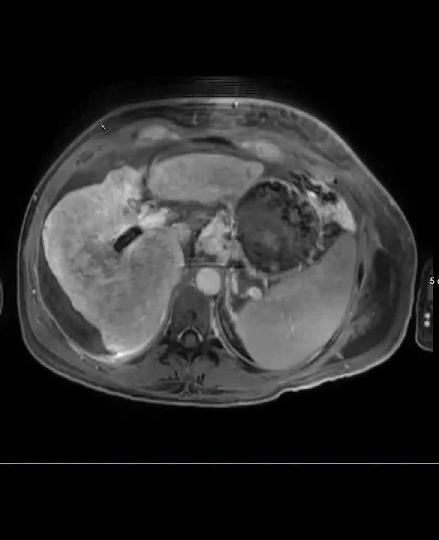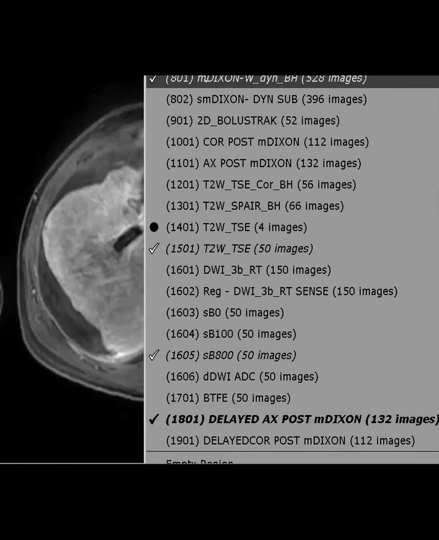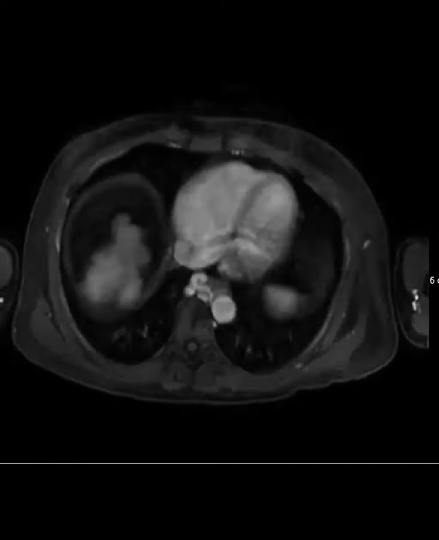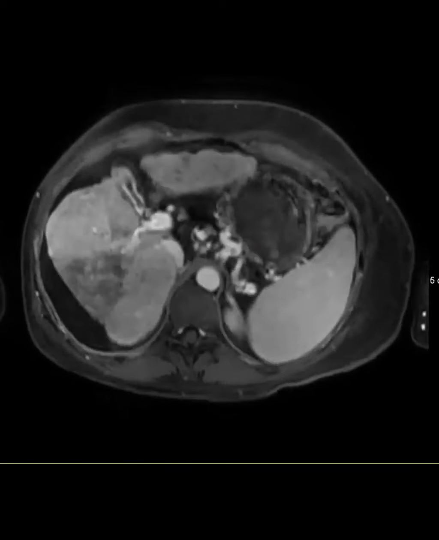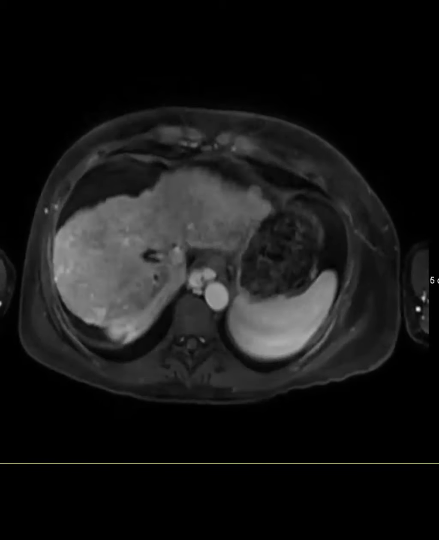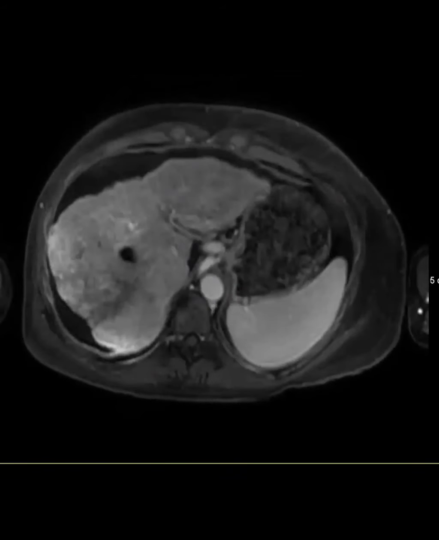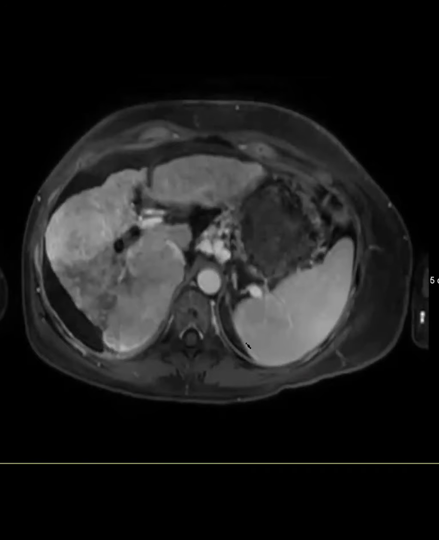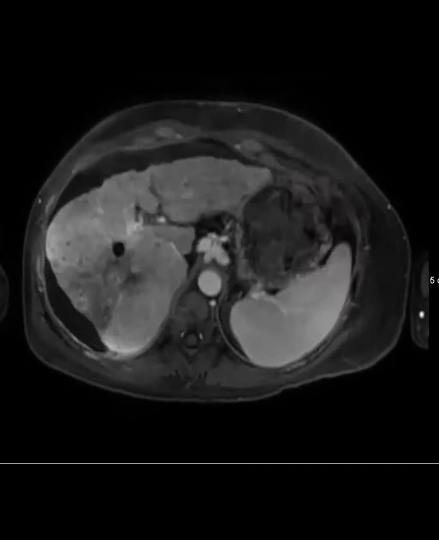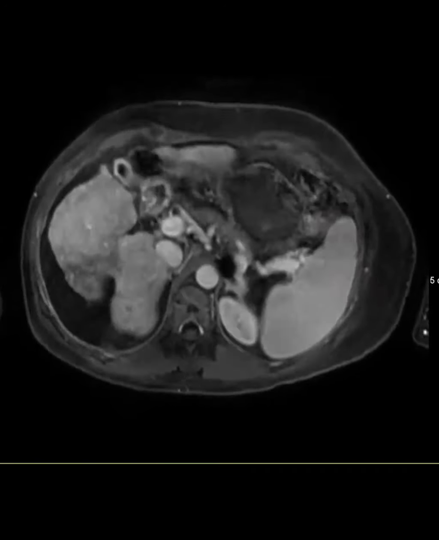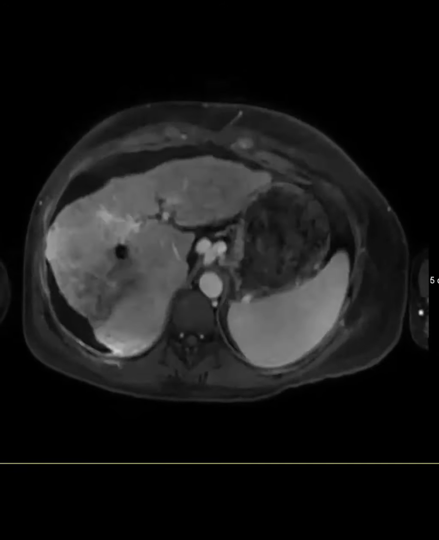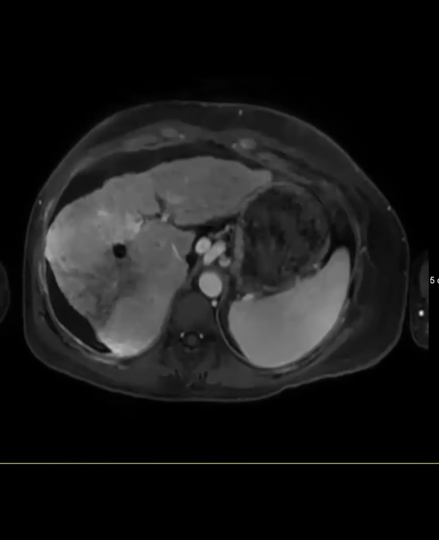But it was still sufficiently weird looking that I said an unusual infiltrative neoplasm should be considered. To be honest, I don't think I've ever seen an infiltrative HCC without any restricted diffusion. Focal mass-like HCCs commonly don't have restricted diffusion, but infiltrative HCCs, I felt, almost always have it.